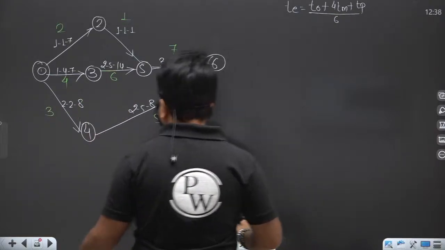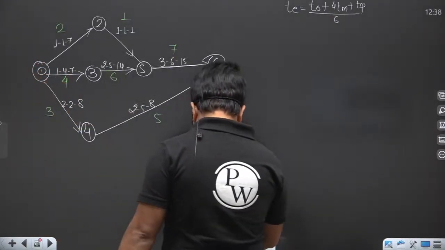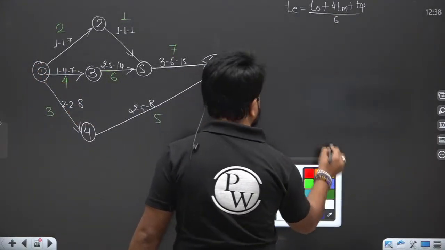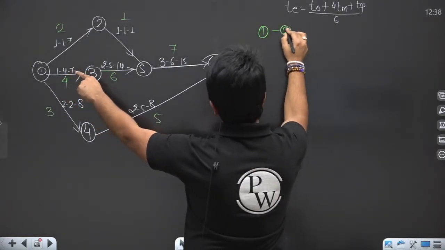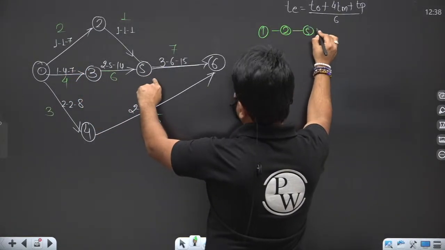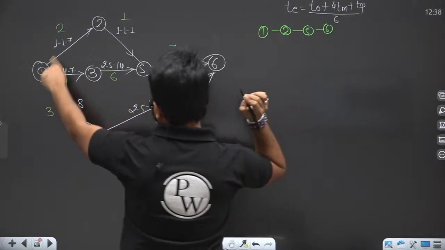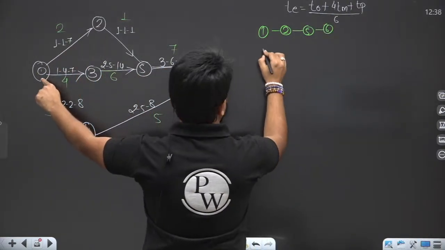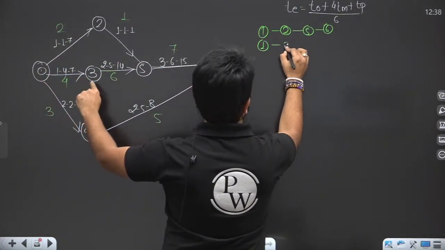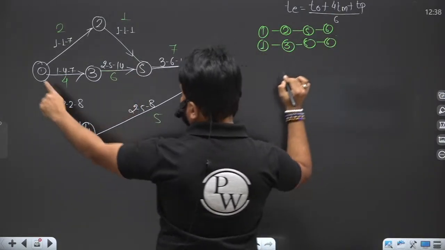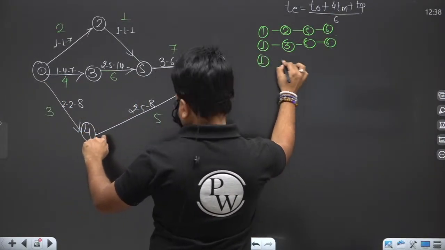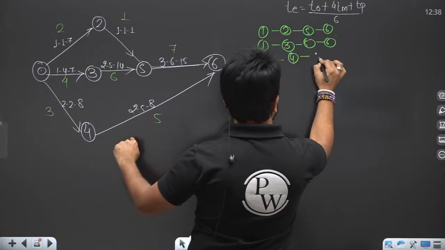Now total length. Now see the critical path from activity 1, 2, 5 and 6. Then 1, 3, 5, 6. Also 1, 4, 5.